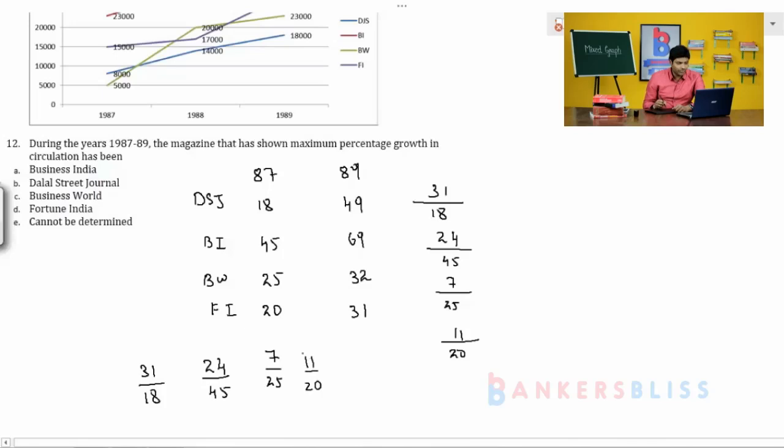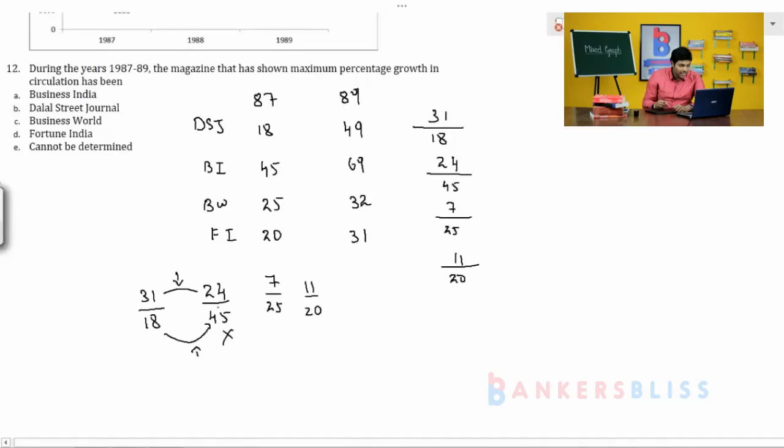You observe these four fractions. See here, 31 and 18, 24 and 45. The numerator is decreased and the denominator is increased, so the resultant fraction value is less. But we have to calculate maximum percentage growth, which means maximum value. So this cannot be the answer.